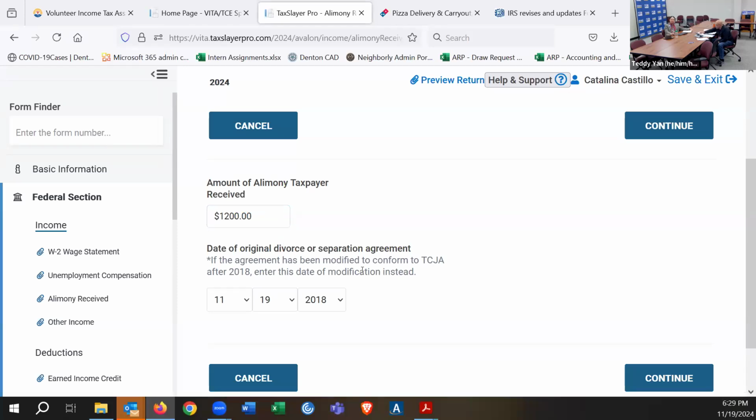And then this is TaxSlayer making sure that we are actually entering proper taxable income. If we put this as January 1st, 2019 or later, it'll say, hold on, this isn't supposed to be taxable. But we enter the date of the original divorce or separation agreement.